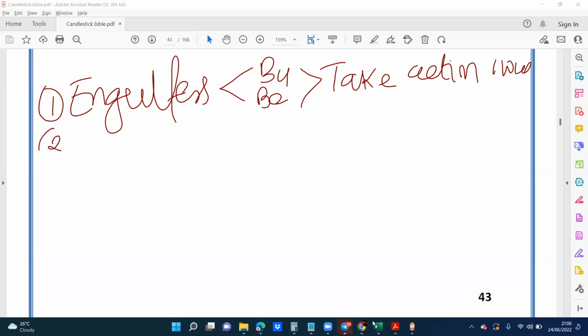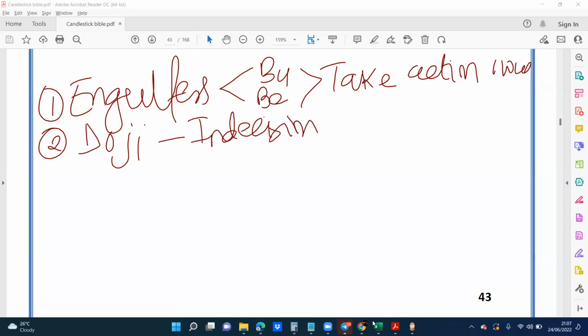Number 2, we looked at Doji. And I said a Doji is an indecision candle, right? What you do, you wait. Number 3, we looked at pin bars.